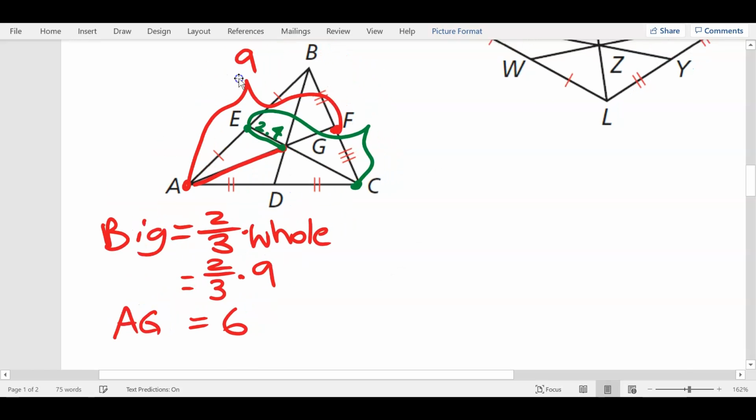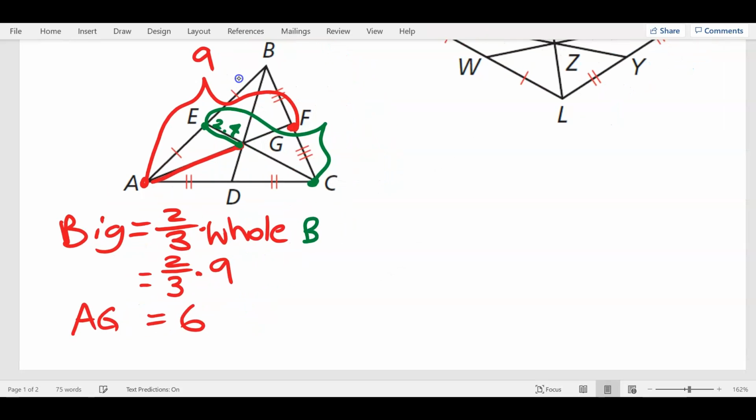So let's go ahead and write that. Big equals small times 2, which is 2.4 times 2. What's 2.4 times 2? 4.8.